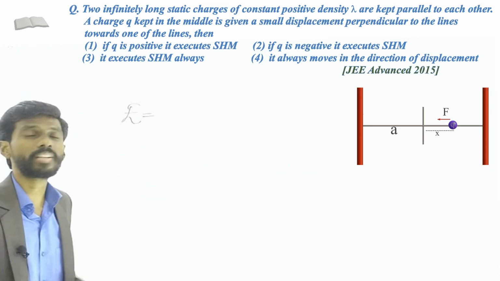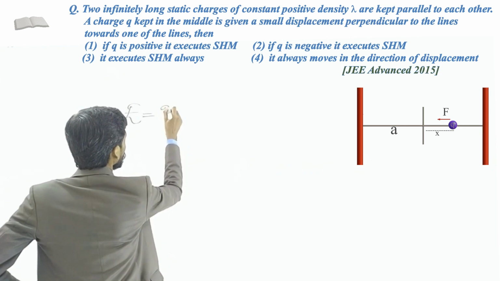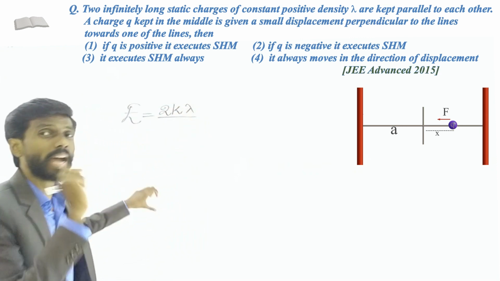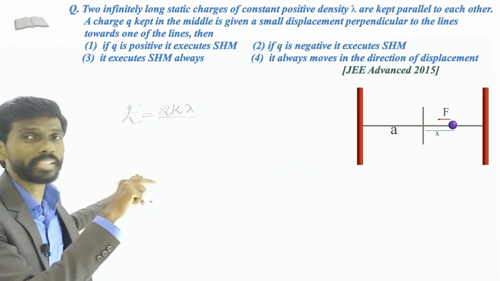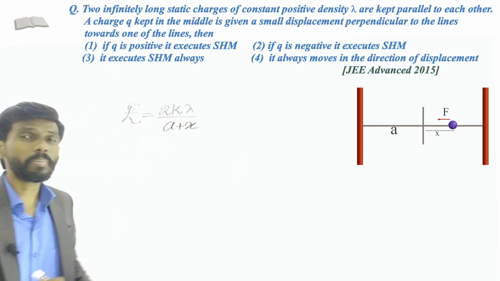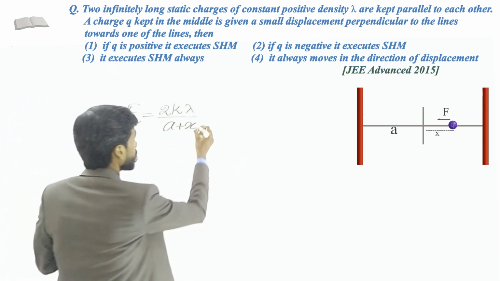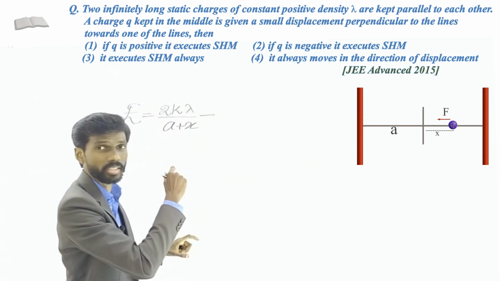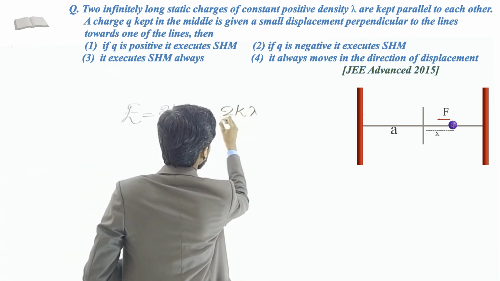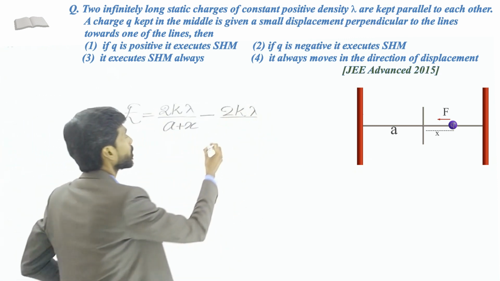What is the formula for the electric field due to an infinite line of charge? That is 2k lambda divided by the distance, but that distance here is a plus x, so that is the electric field. Now similarly, what is the electric field due to the other line of charge? That is minus, opposite direction, 2k lambda divided by a minus x, because it is closer by a distance x.